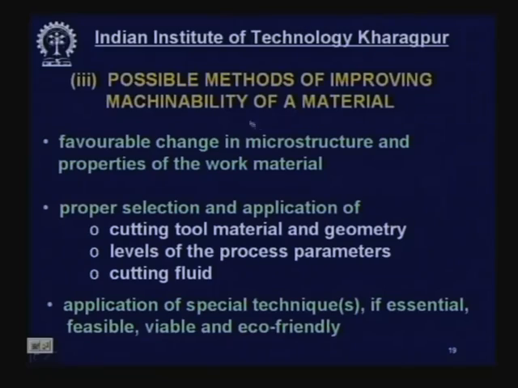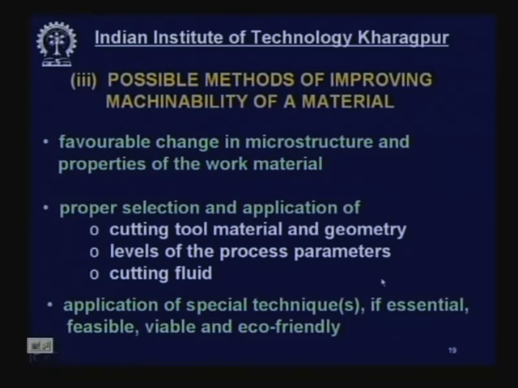Now, you have seen that so many parameters play an important role: work material parameters, the physical, chemical, mechanical properties, then the process parameters, cutting velocity and feed, the tool parameters, geometry and material, and then the cutting fluid application and so on.